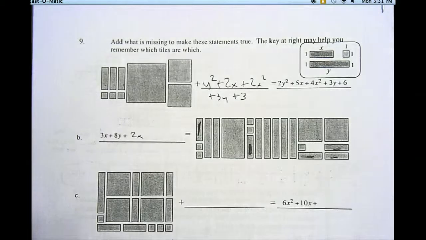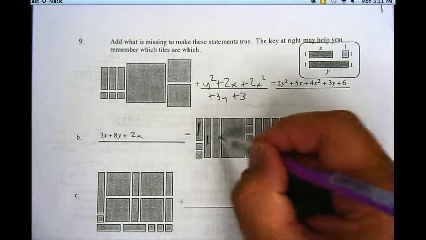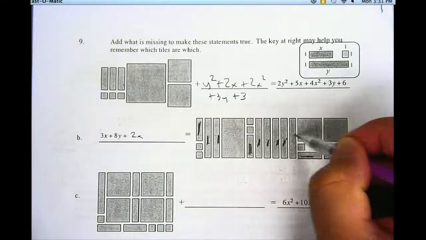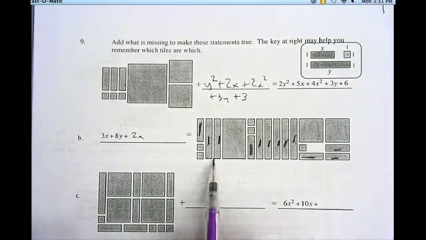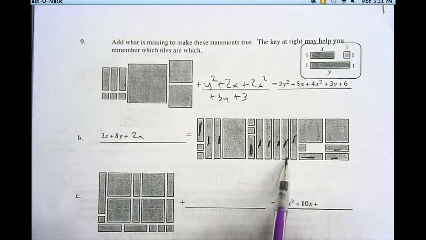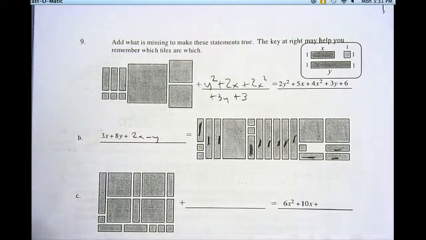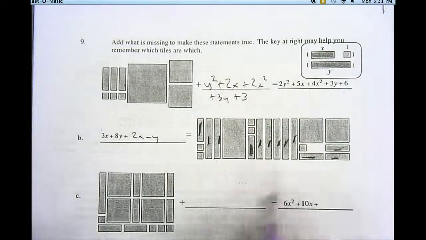Well, let's count the y's. It says I have 8 y's over here, and I need 1, 2, 3, 4, 5, 6, 7. I don't have any more y's, so I have to have a negative y over there because I only have 7 y's. So I'll have a negative y there.